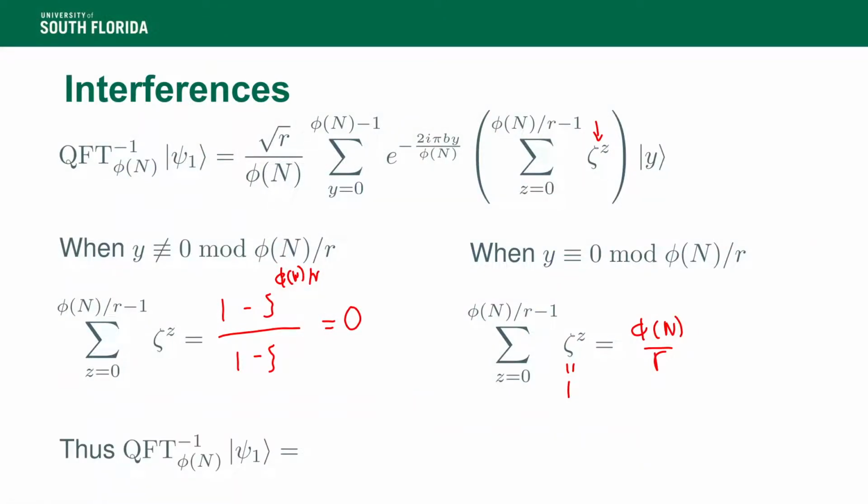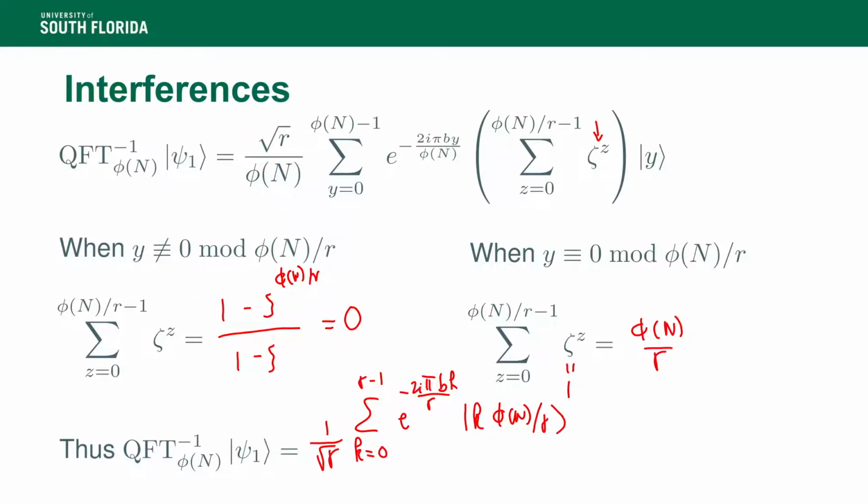So the inverse QFT, the inverse QFT at the end of our state, is going to be given by 1 over square root of r times the sum for k equals 0 to r minus 1 of exponential of minus 2i pi bk divided by r, times the state k phi of n divided by r.